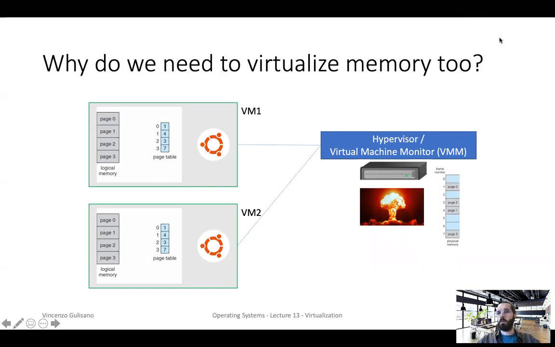So you know that the operating system, let's forget about virtualization for a moment. You know that when we have virtual memory, the operating system collaborating with the hardware is sort of lying to the processes, thanks to the fact that it completely decouples the logical view from the physical view.